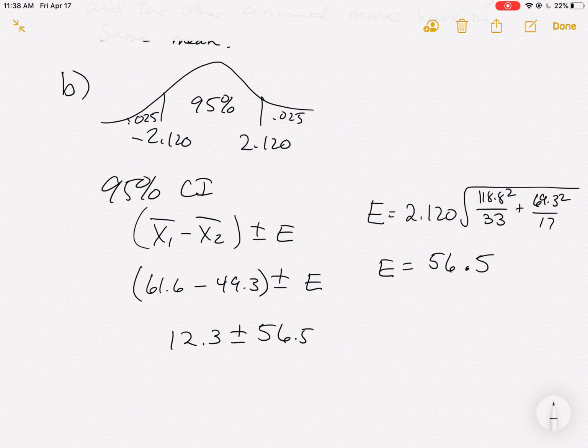So if I take 12.3 and subtract 56.5, I get a low value of negative 44.2, and that's mu1 minus mu2, and I get a high value of 68.8.